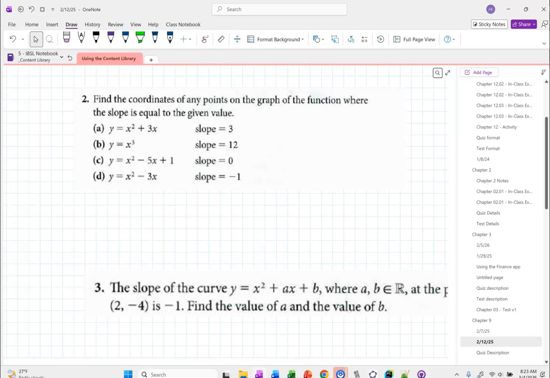The derivative gives me the slope of the function at a point. What's the derivative of x squared minus 3x? 2x plus 3. Good. And I want to find out when this derivative is equal to 3, the slope.